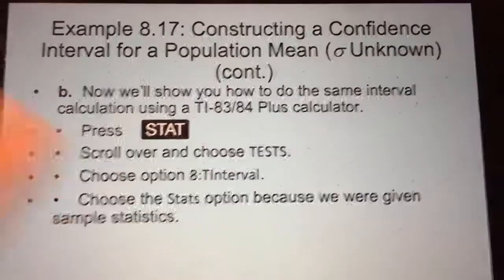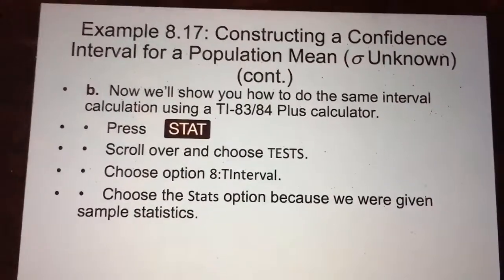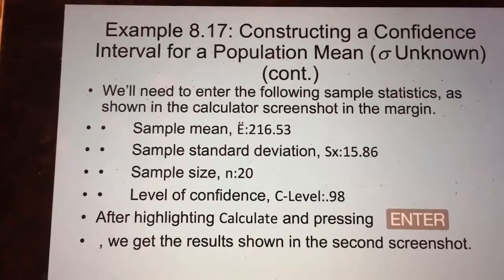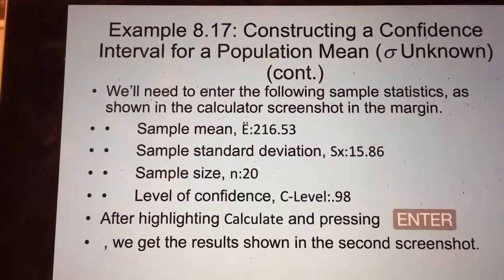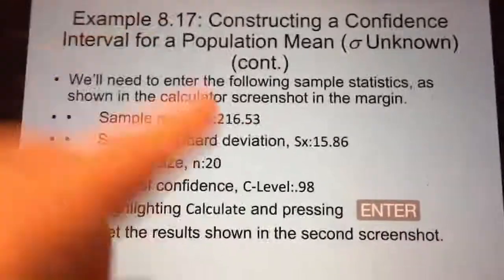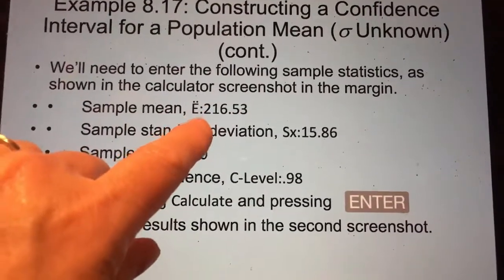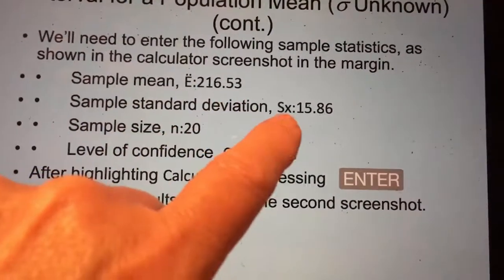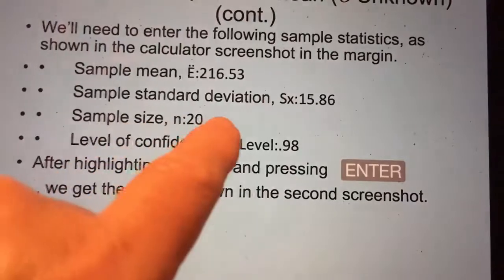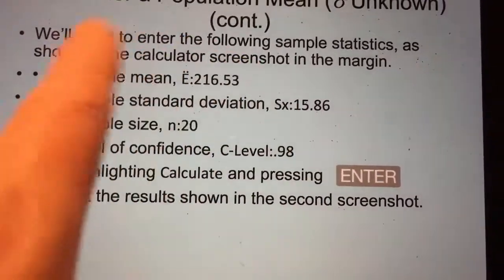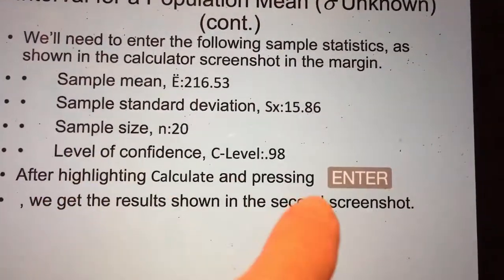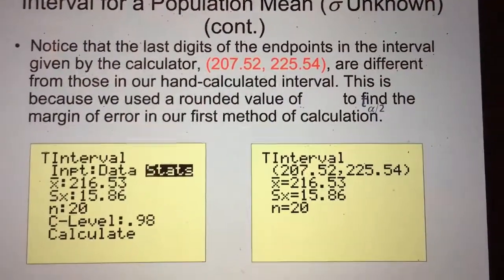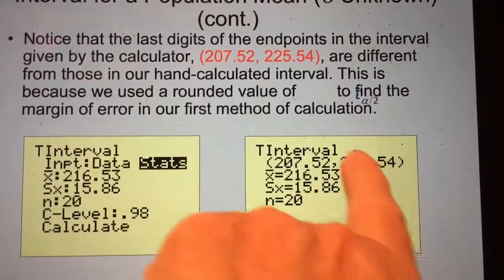The T interval will go straight to the confidence interval without jumping through any of the hoops. You put in your sample mean, and this sample mean right here, I don't know why it's an E. It should be an X bar. The sample standard deviation, that's correct, the sample size, and the level of confidence. You put all those things in, press enter, and you get the answer of the T interval, and it goes straight to the confidence interval.